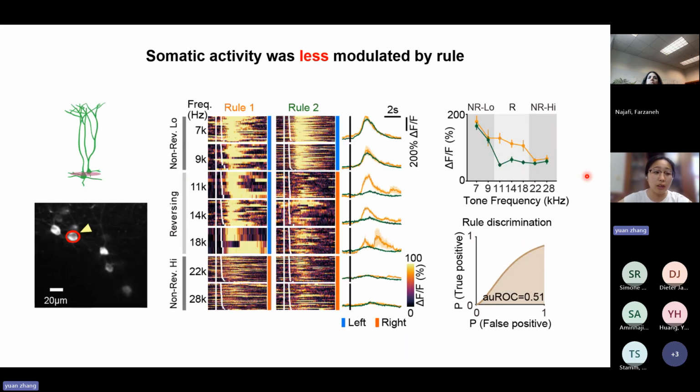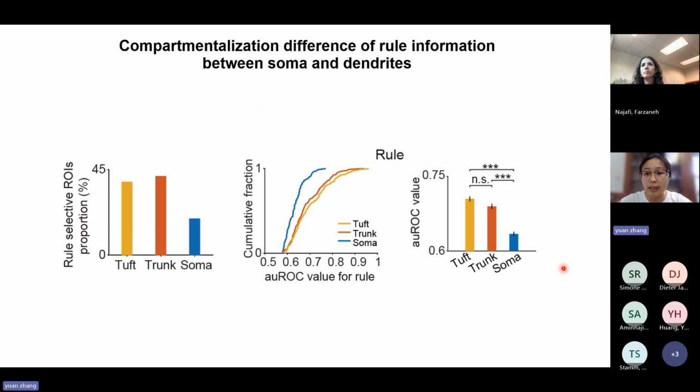And then we go to the soma. Soma is in layer 5. But in this example soma, there is no difference in non-reversing trials. So for this soma, the rule activity was lost here.